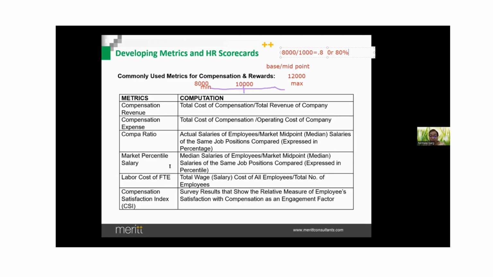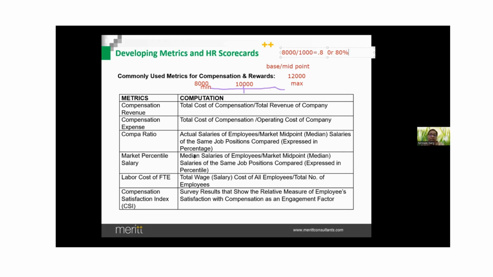So percentile means what? When you're looking at a market, if there are 10 companies or 15 companies, you're doing a benchmarking exercise, calculating the percentile, and saying if it is the 50th percentile, that means 50% of companies are paying more than what you're getting, and 50% are paying less.